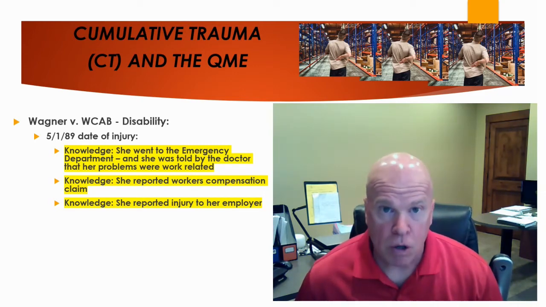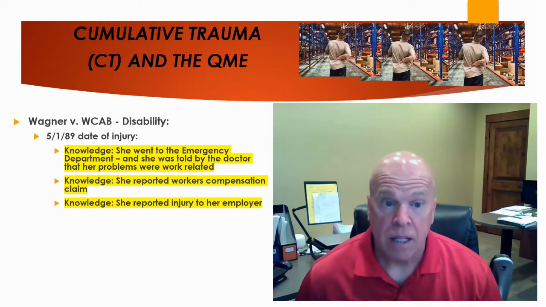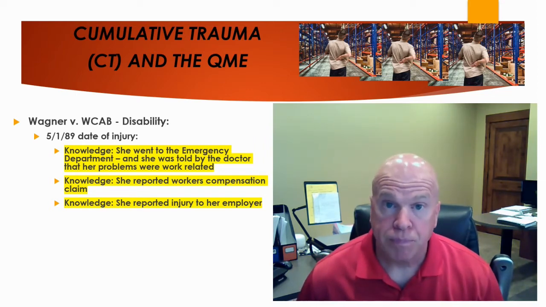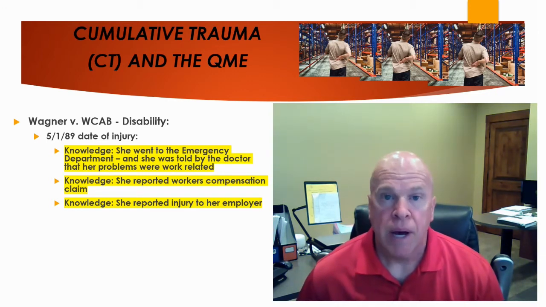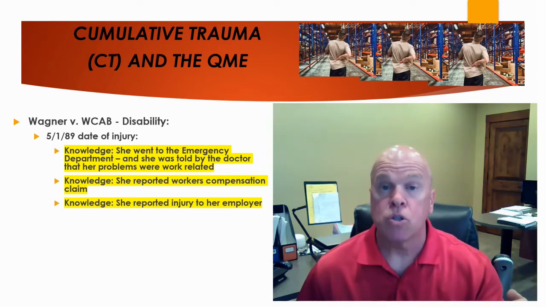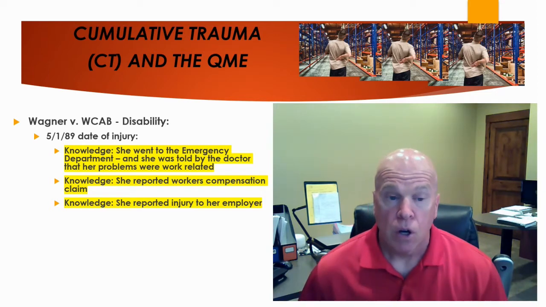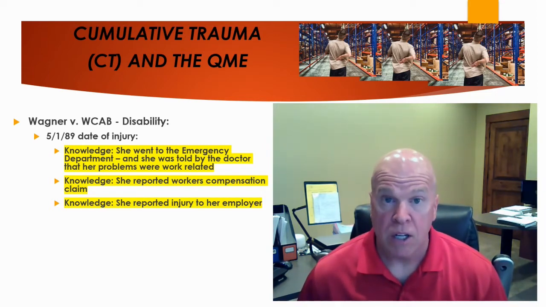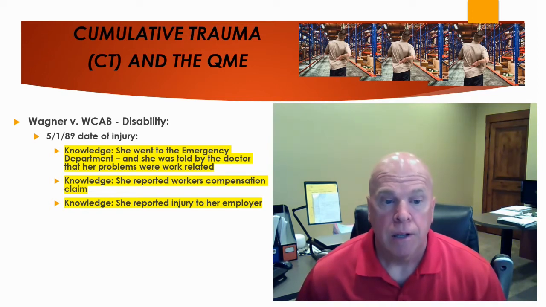The insurer established the knowledge by citing the facts that Ms. Wagner went to the emergency department in May of 89, and there she was told by the doctor that her problems were work-related. So this established one criteria to assert that she had knowledge as early as May 1989.